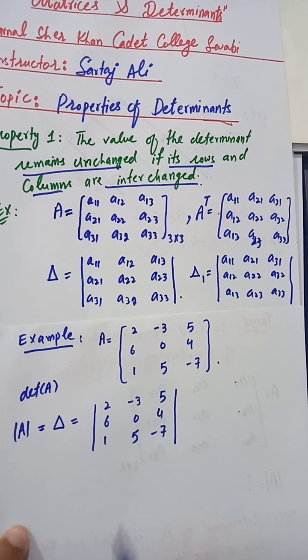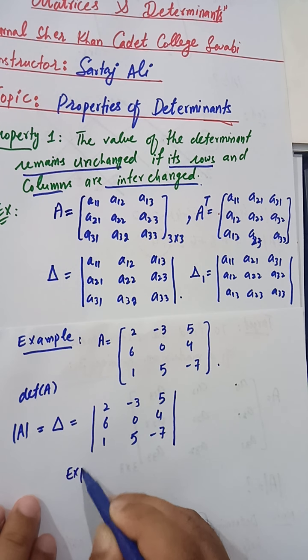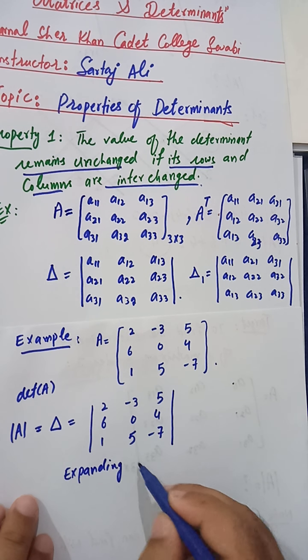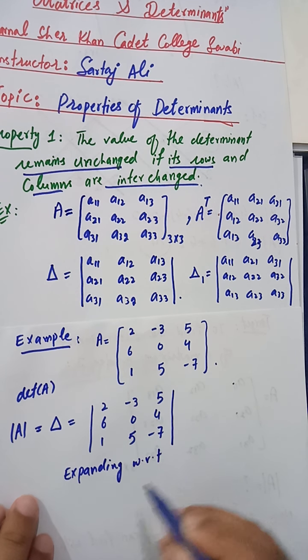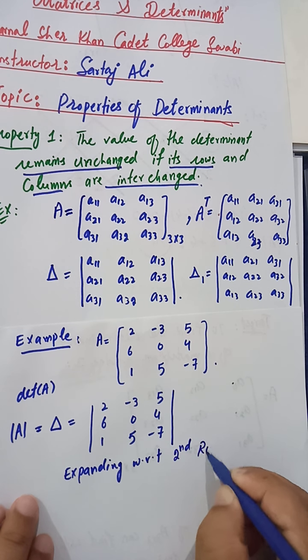The second row and second column contain the 0, so you need to expand this matrix with respect to the second row or second column. I am expanding with respect to the second row.